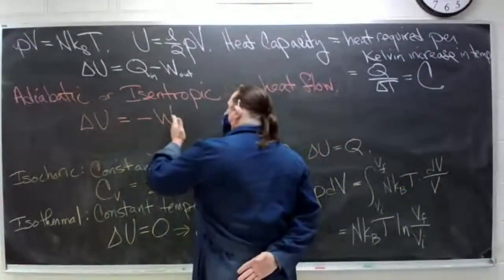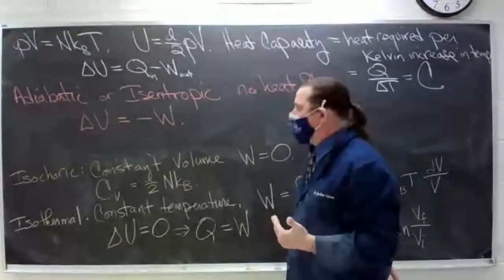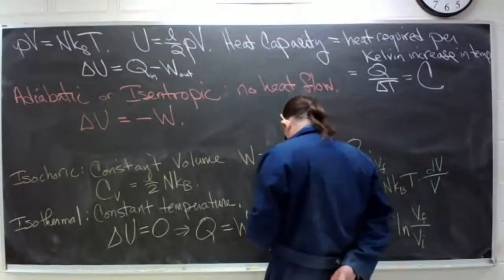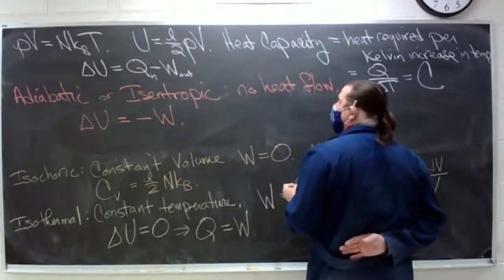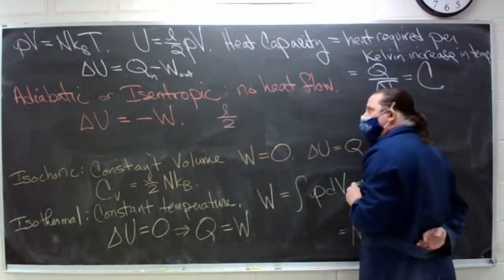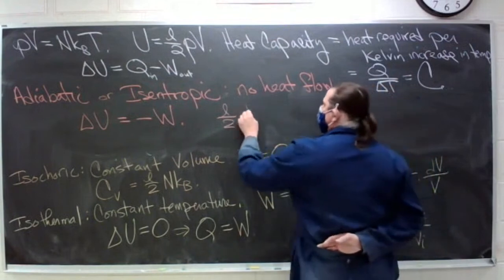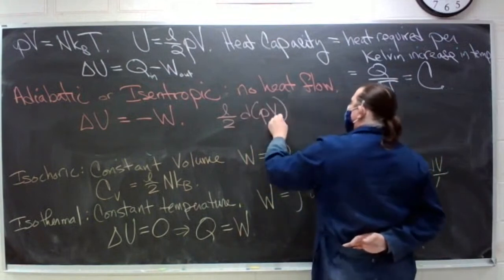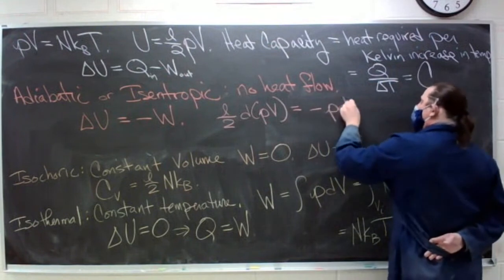Well, this equation is going to give us that relationship essentially for free. So we'll say the change in energy is L over 2 and then d PV. That's equal to minus the work.